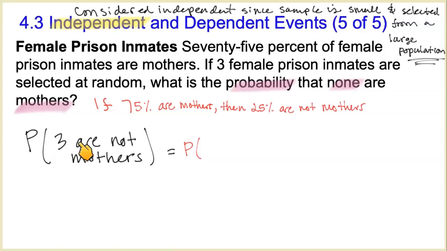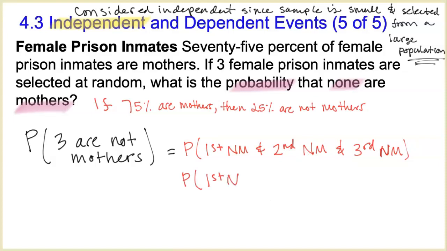So when we look at what does this mean, it's the probability that the first one is not a mother, and the second person is not a mother, and the third person is not a mother. And what does the word "and" tell me? So I'm multiplying these events together. So that's the probability that the first is not a mother, times the probability the second is not a mother, and times the probability the third person is not a mother.